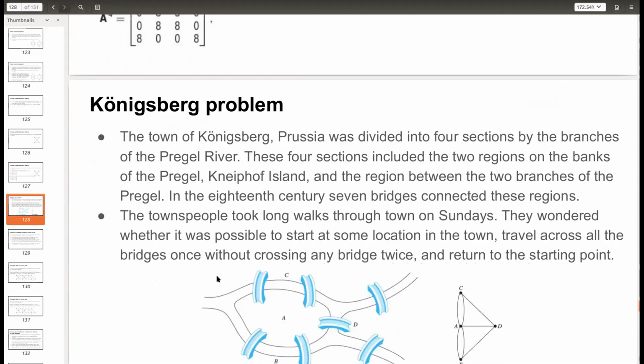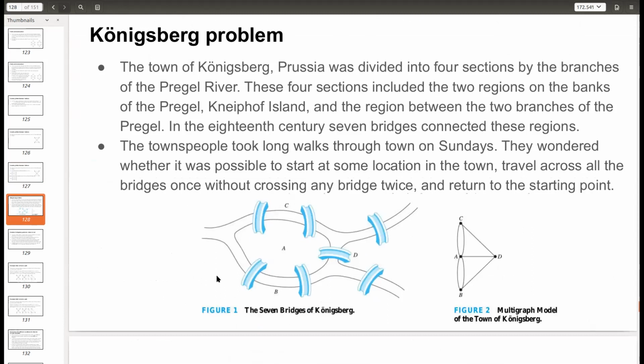After that, we introduced a very popular problem in the field of computer science called the Konigsberg problem, also known as the Seven Bridge problem, wherein there's a town called Konigsberg in Prussia, and what they wanted was to find a route or a circuit which started from one of these towns, A, B, C, or D, and returned to the same town, but crossed all the bridges exactly once.